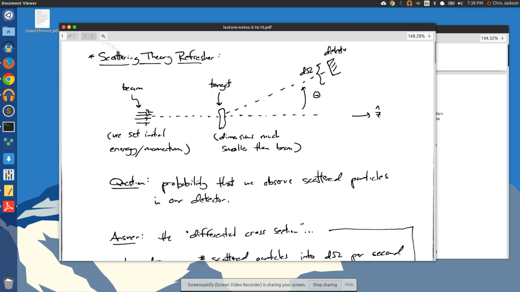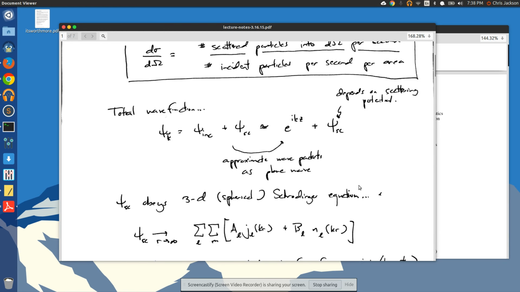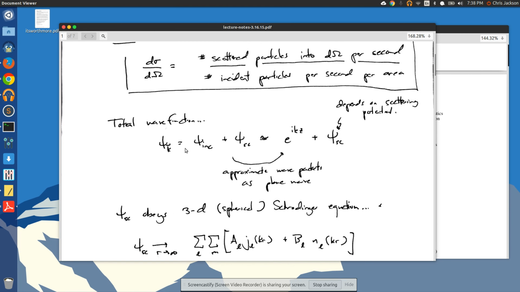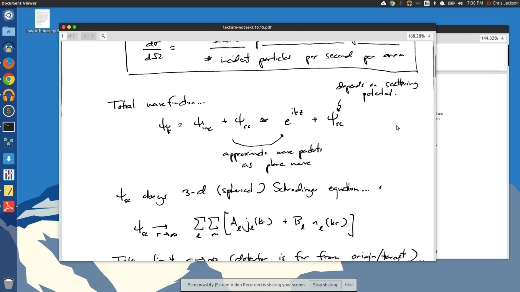You can basically treat these particles as a plane wave. And then the total wave function is made up of the incident wave and the scattered wave. The form of the wave function is going to depend on the form of the scattering potential, as we'll see later on.